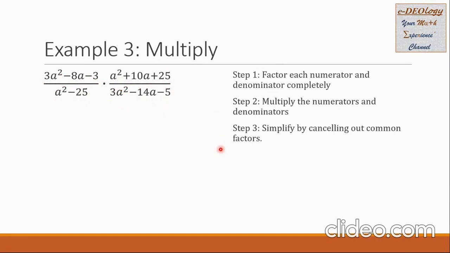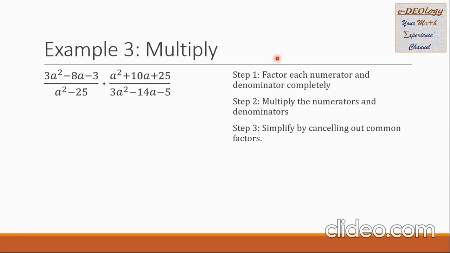The second rational expression, in the numerator, it is a squared plus 10a plus 25 all over 3a squared minus 14a minus 5.